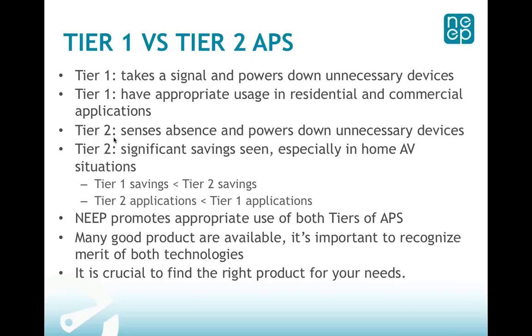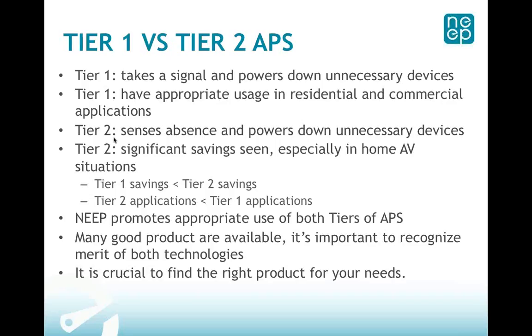If the light flashes for long enough and you don't respond, then they assume you've either left or fallen asleep, and they can power down. So Tier 2 products have the opportunity to have greater savings because they don't just wait for the user to take that action and power the device down.